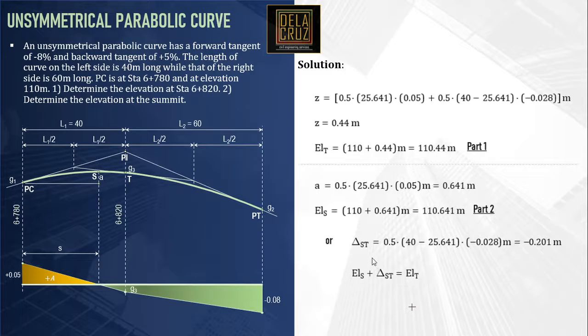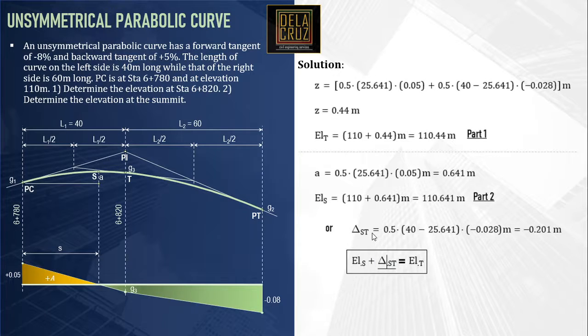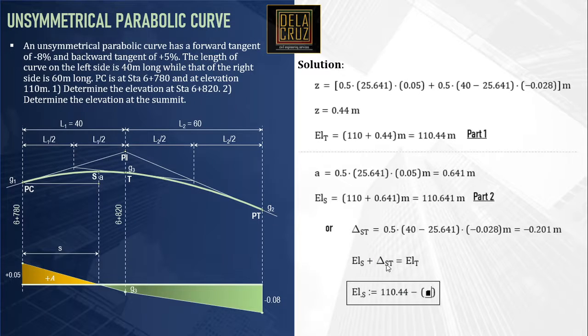Okay, so just transpose that one there, then it will become elevation of S is equal to elevation of T. The elevation of T is 110.44. Then we just transpose this one to the right, that will be minus, but take note that this is negative, so minus 0.201.